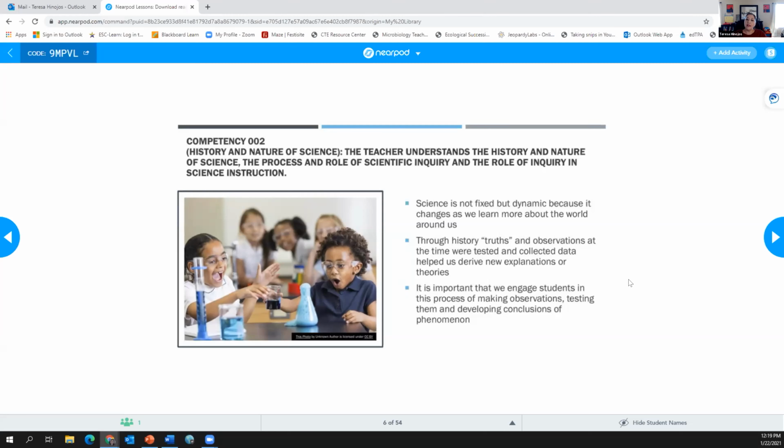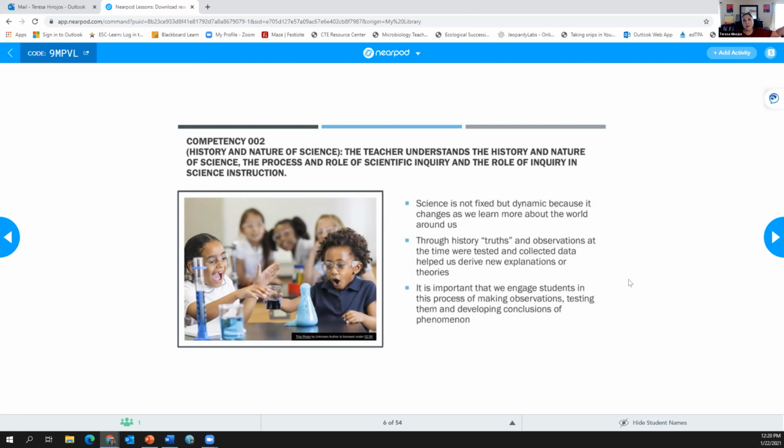And so throughout history, there have always been truths, right? Things that people believed. And with the use of science, they were able to look at those observations and test them. And using data, they were able to derive new explanations. So, for example, thinking about spontaneous generation.